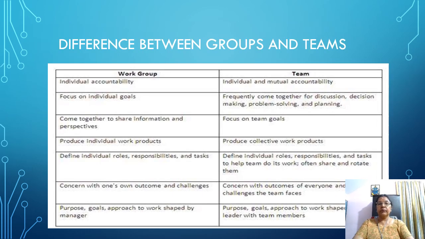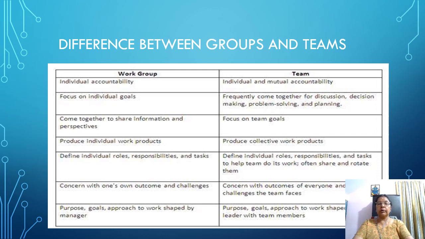So now we will see what is the difference between groups and teams. In a group, the individual members are accountable. In a team, the individual members are accountable, but at the same time, the team as a whole also is accountable. They are answerable for whatever actions they have taken, or for how they have achieved their goals, or how they have not achieved their goals.